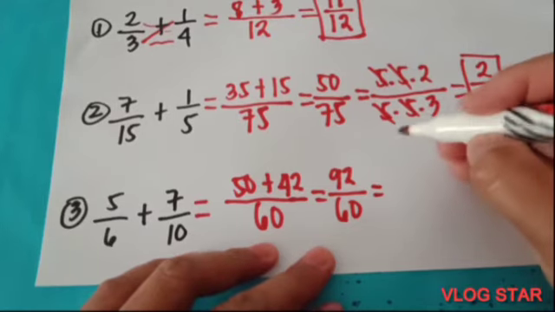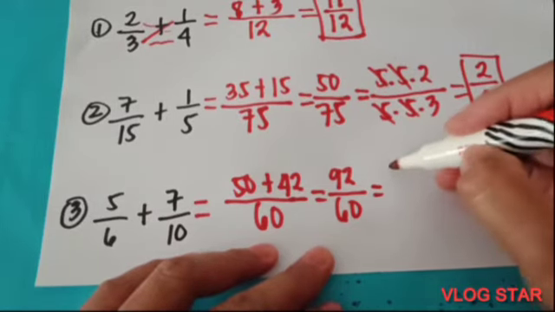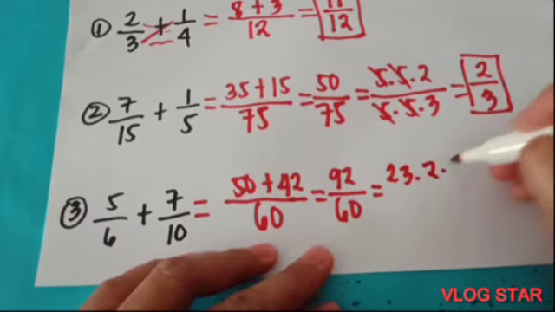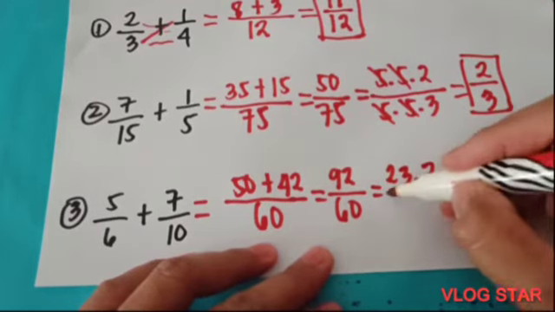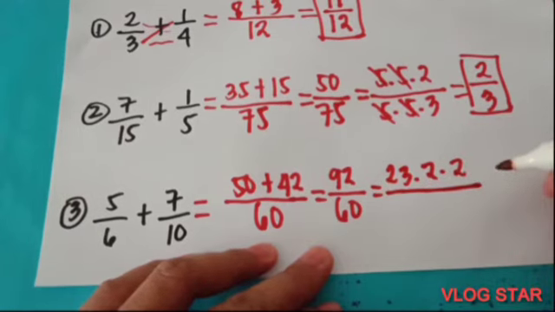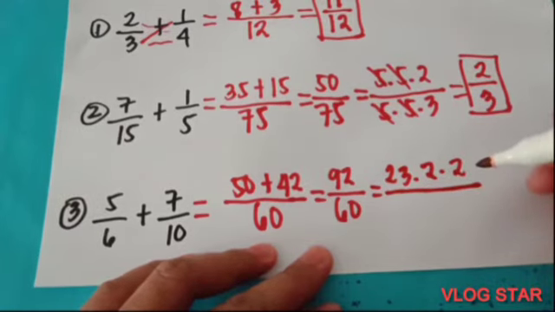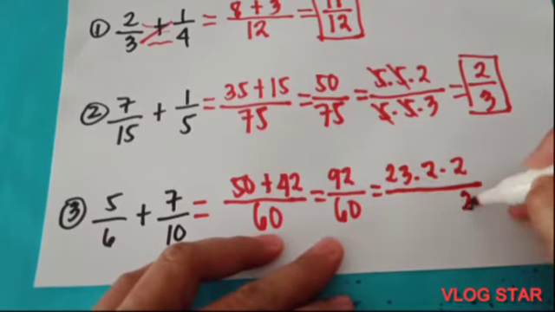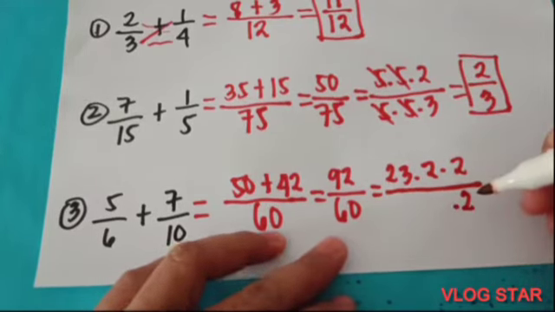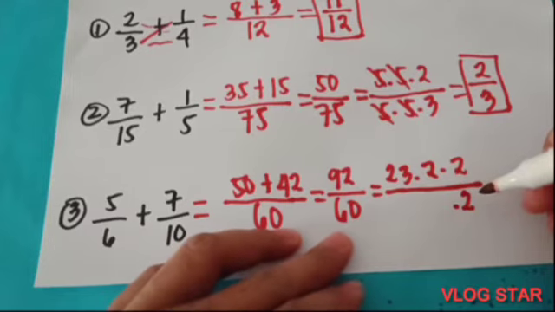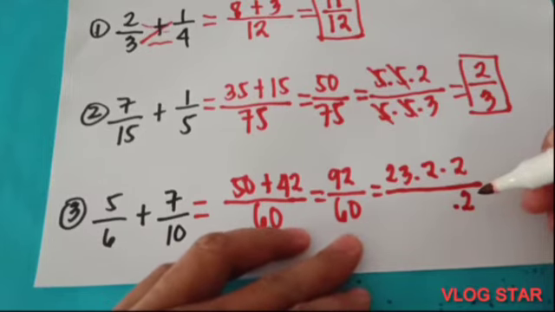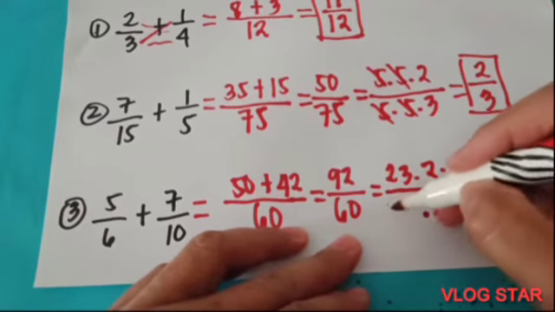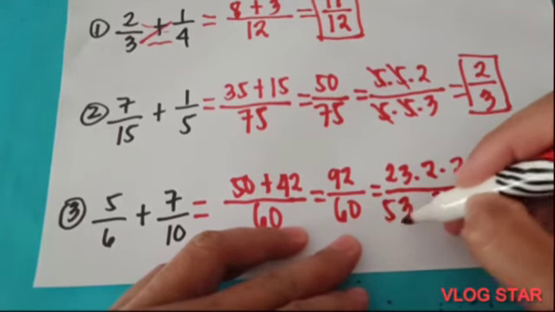So, yung 46 is pwede pang i-factor 23 and 2. So, 23 times 2 over, yung factor ng 60 is 30 and 2. So, yung 30 is pwede rin i-factor, 15 and 2. So, yung 15 pwede pang i-factor. So, 5 and 3.